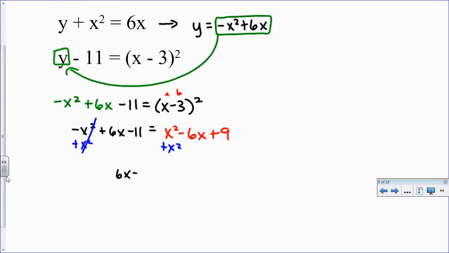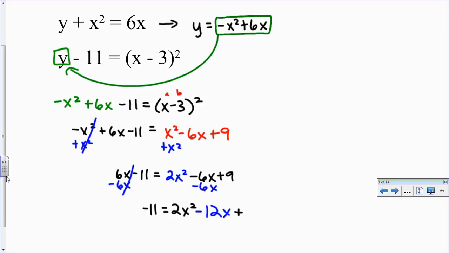So 6x minus 11 equals 2x squared minus 6x plus 9. Okay. Now I'm going to subtract 6x. Negative 6x minus 6x is negative 12x. And then finally, add 11.